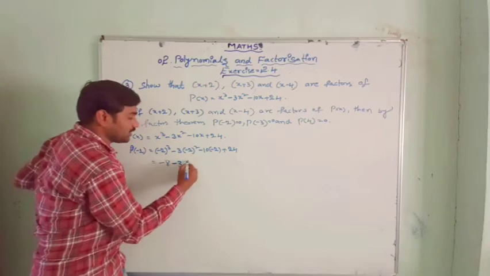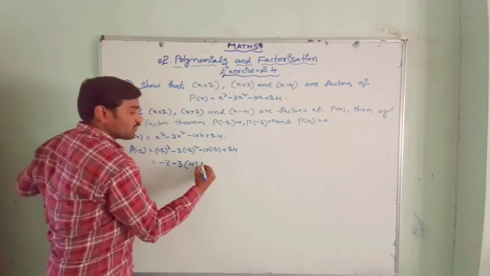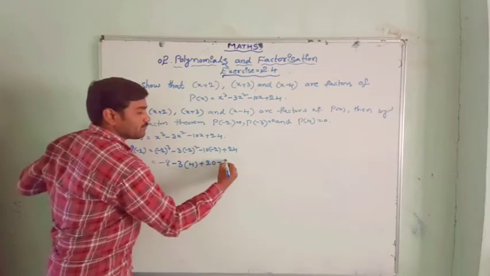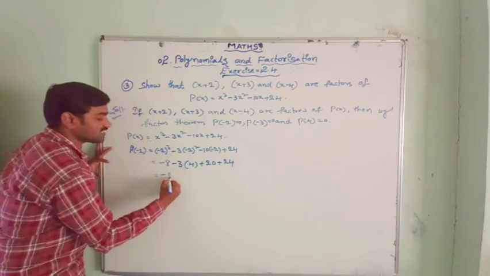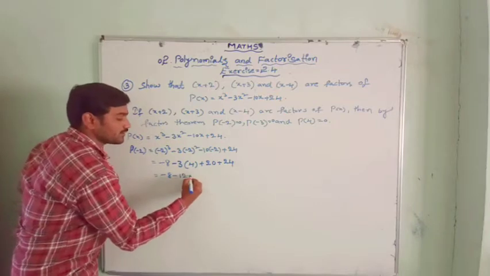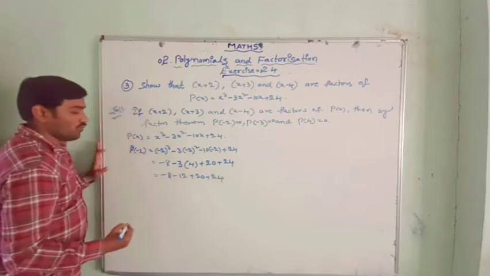Here minus 3 into 2 square: minus 2 whole square is plus 4. Minus into minus is plus, 10 twos are 20, plus 24. Let us solve it again. Minus 8 minus 3 into 4, that is minus 12, plus 20 plus 24.